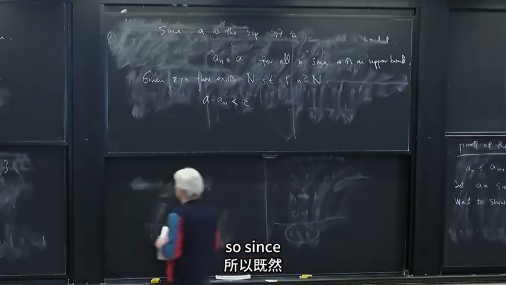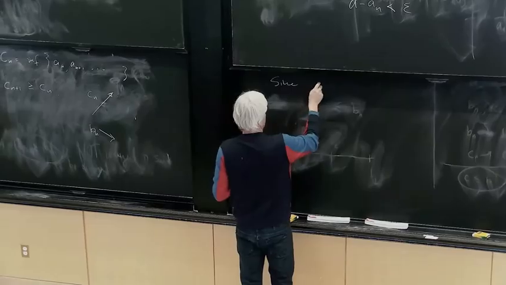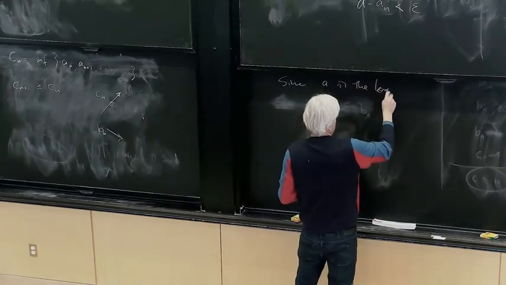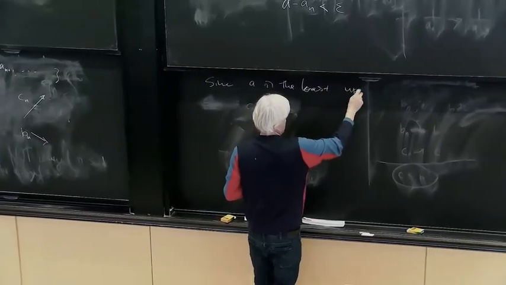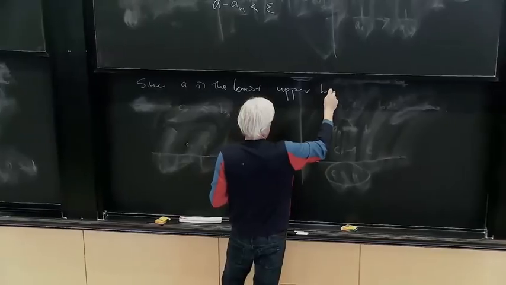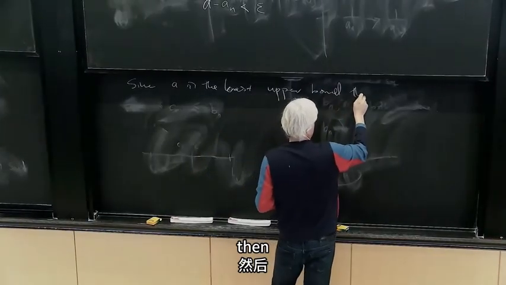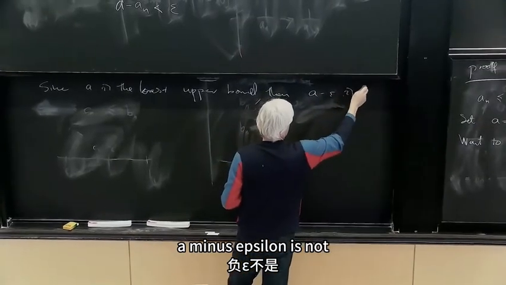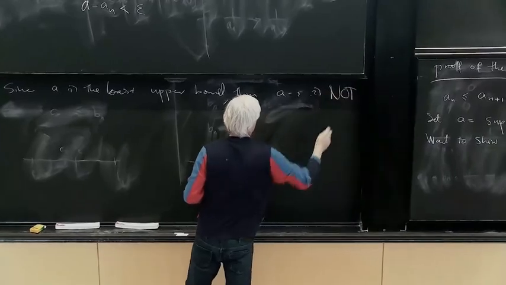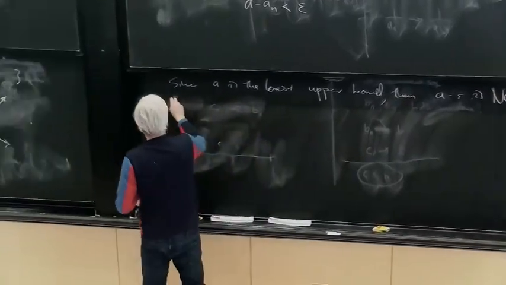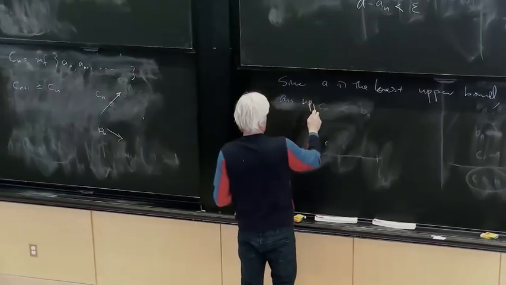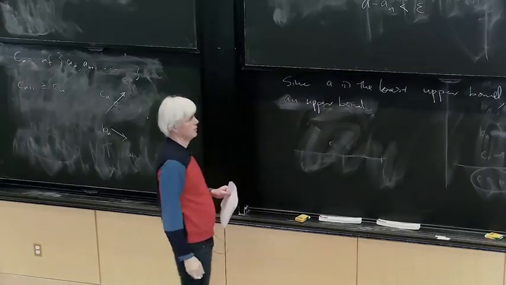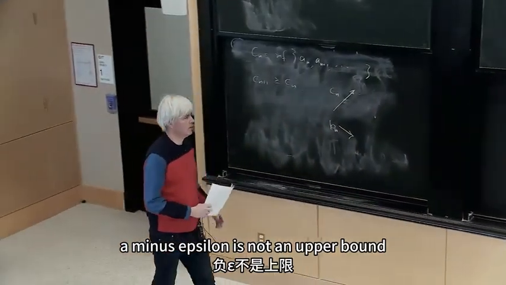Since A is the least upper bound, A minus epsilon is not an upper bound.